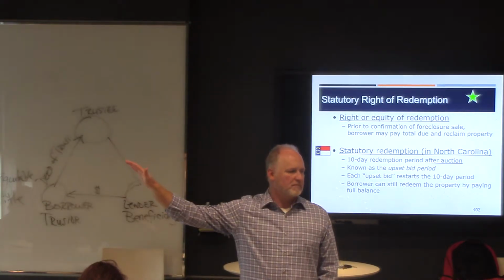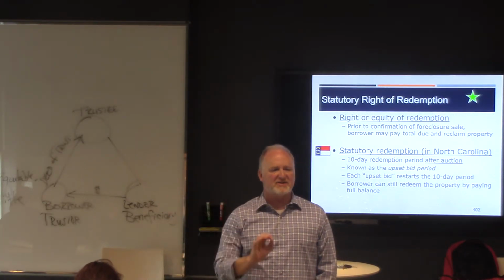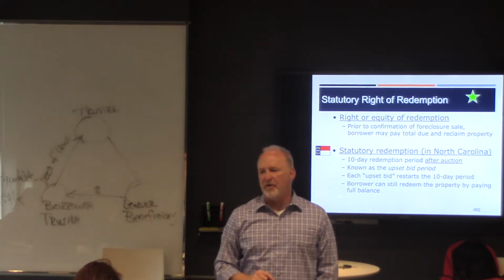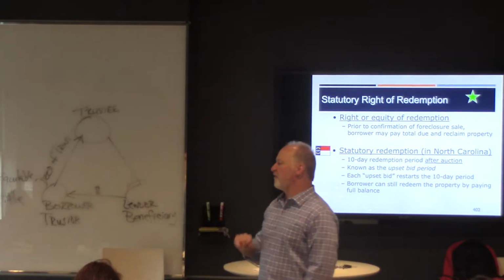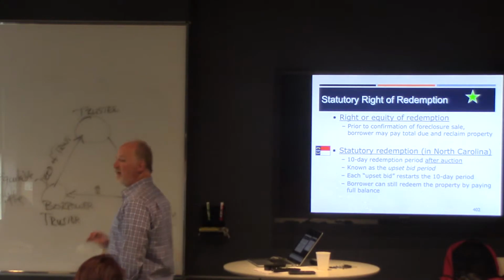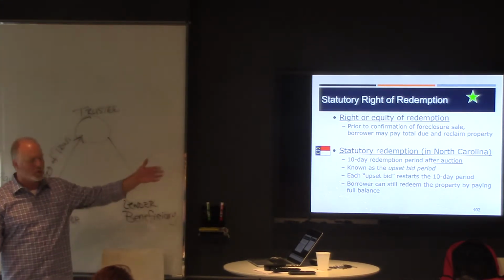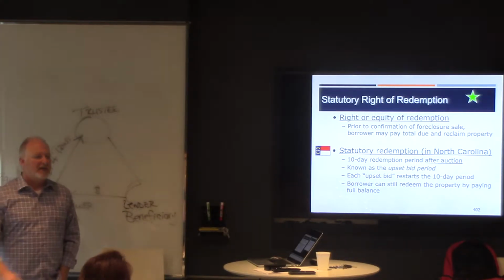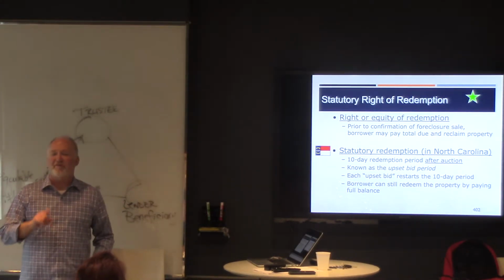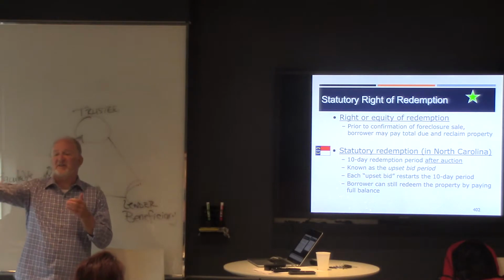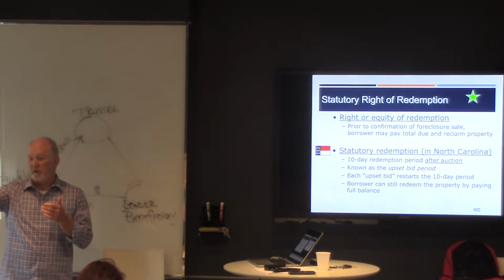It's yours. Okay? Now, I told you there was a timeline to be careful about here. Almost all states allow for the equity of redemption. However, North Carolina adds, by general statute, that's why it's called a statutory redemption period, the right up to 10 days after the foreclosure sale.